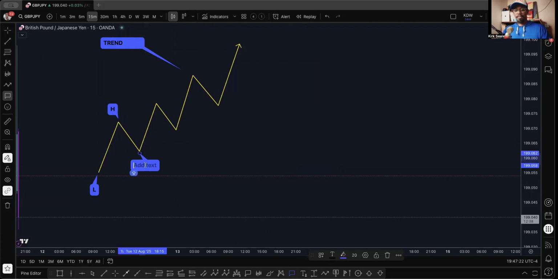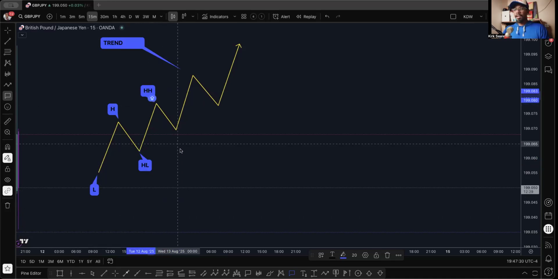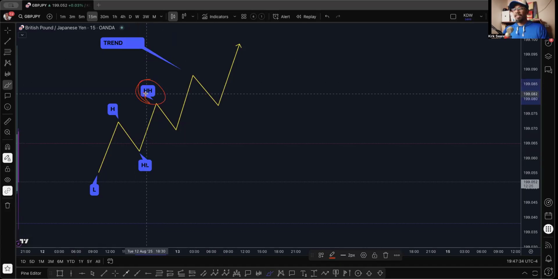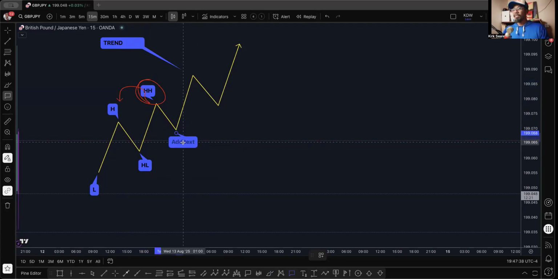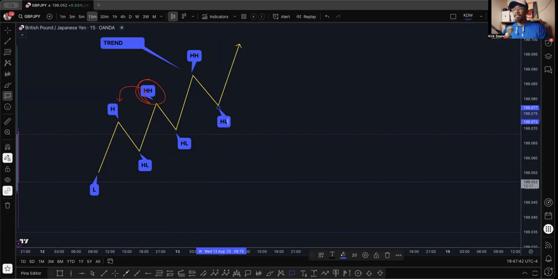This is a high. This is a higher low, because this low is higher than this low. This is going to be a higher high, because this high is higher than this high. This is a higher low. This is a higher high. This is a higher low. And this is a higher high.